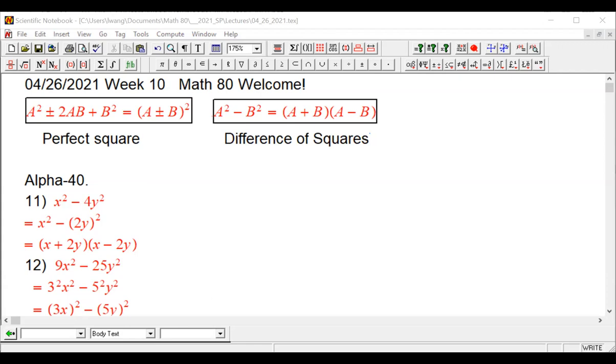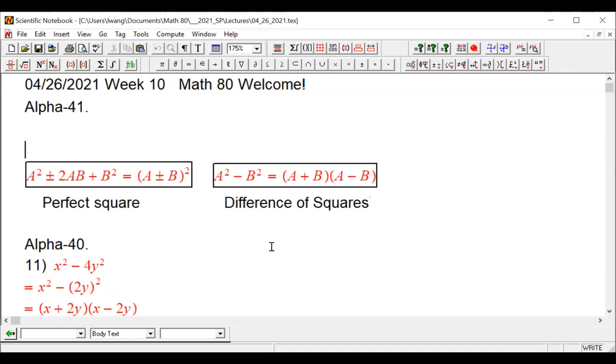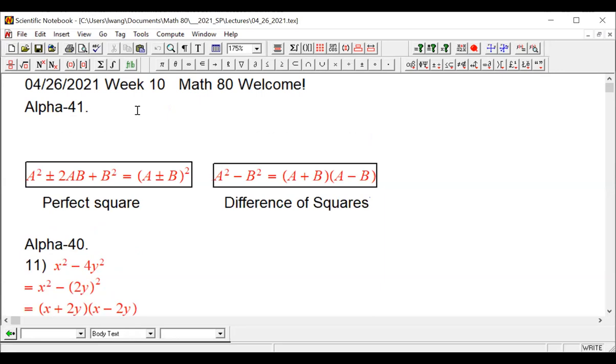Now let's move on to alpha 41. Okay, in our previous exercise, we factored these forms, right? X squared plus bx plus c, where the a is 1.